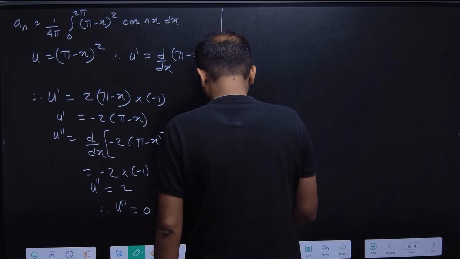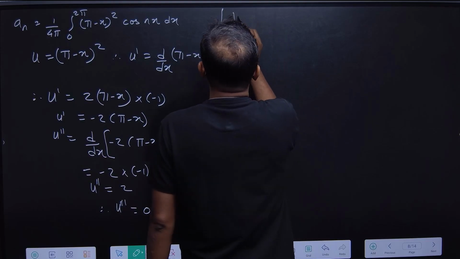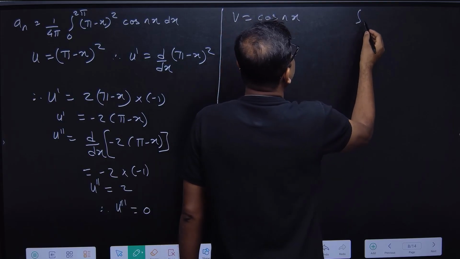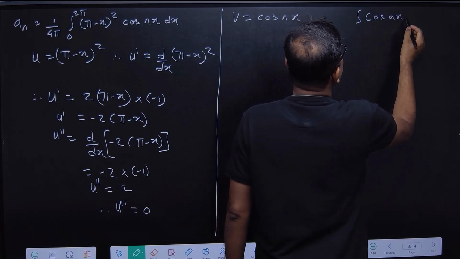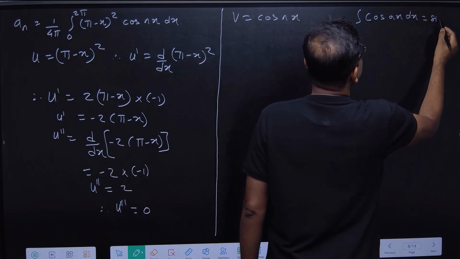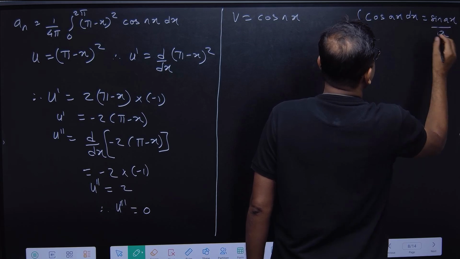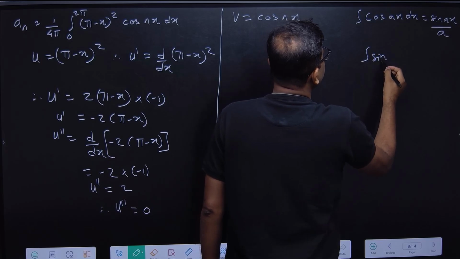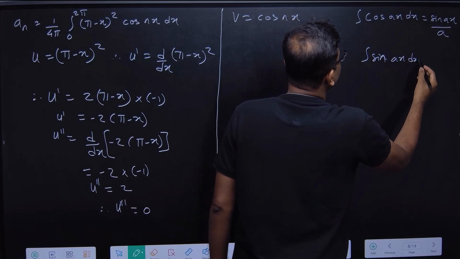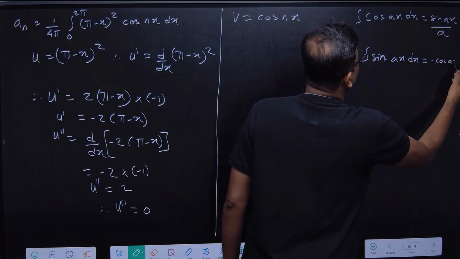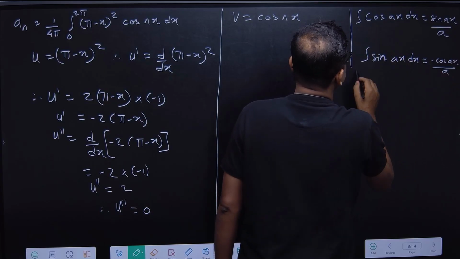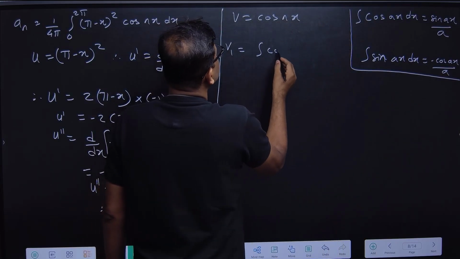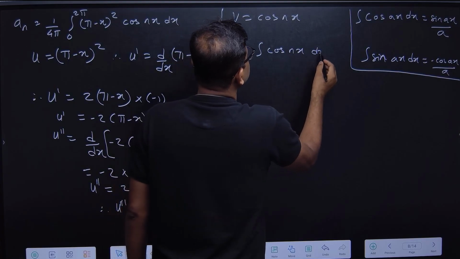So again, remember now here v is cos nx. Remember, integration of cos ax dx is sine of ax upon a, and similarly integration of sine ax dx we know is minus cos ax upon a. v1 will be integration of cos nx dx.